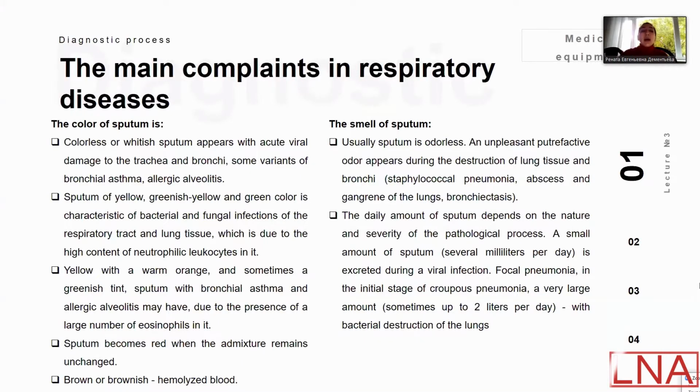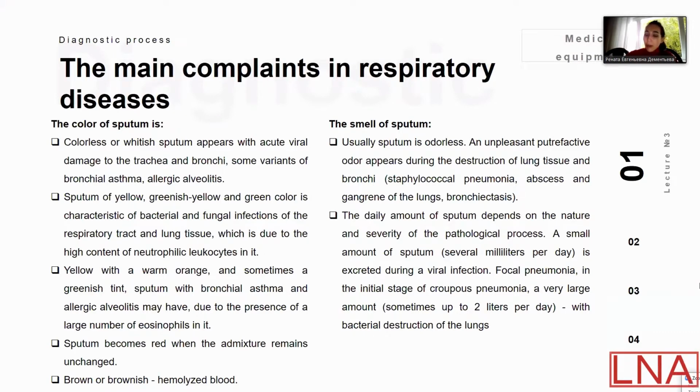Next, continue about the coloration of the sputum. So, whitish sputum appears with acute viral infection in the trachea or in the bronchi, with some variants of bronchial asthma and allergic alveolitis.